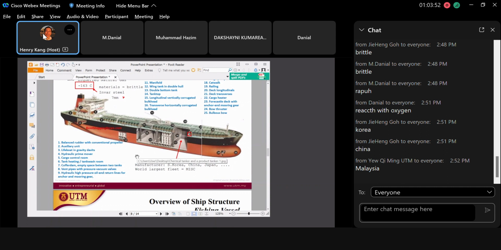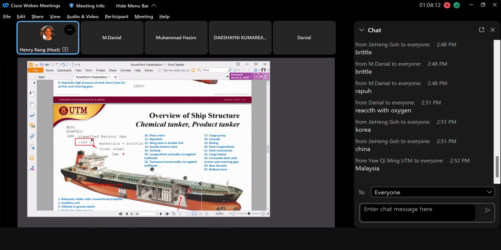But once upon a time, Malaysia had the world's largest fleet. That means we had more than 100 LNG carriers in our Petronas business, and this fleet was managed by MISC. Because we have the LNG business, right?